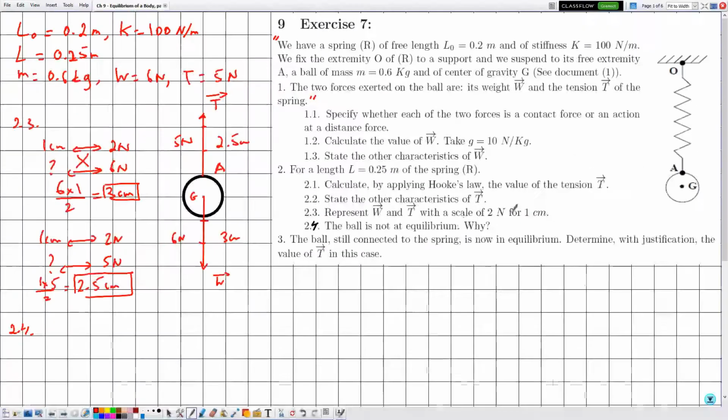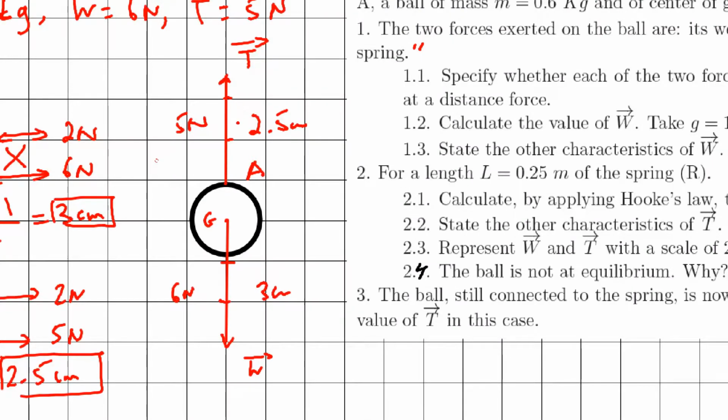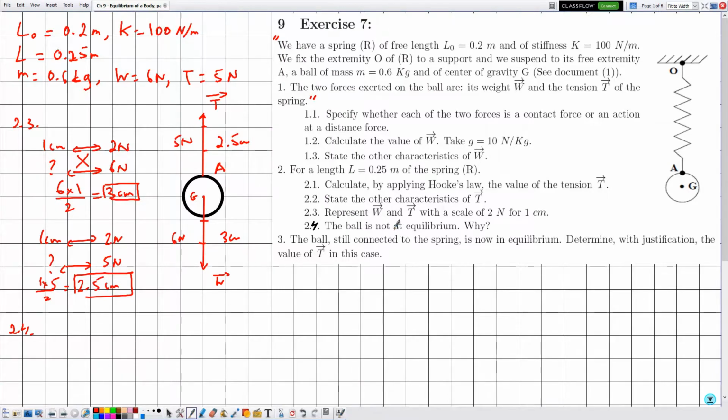In order for the ball to be at equilibrium, we need to refer to the properties of the forces, and check if both of them have the same line of action. So they have the same line of action. They have opposite directions because T is up and W is down, whereas the magnitude is not the same. One of them is 5 and the other is 6, because the magnitudes are not the same, which means that the ball is not at equilibrium.